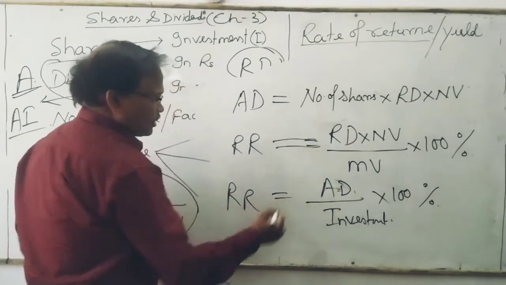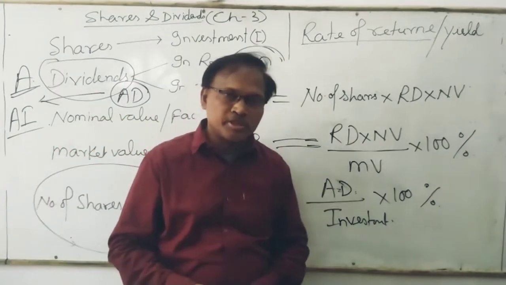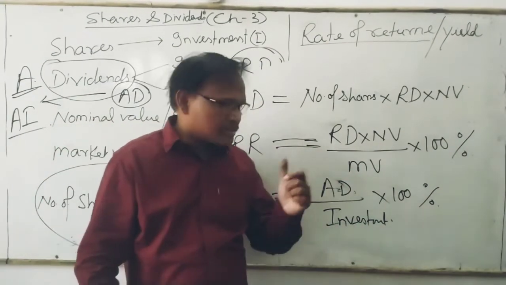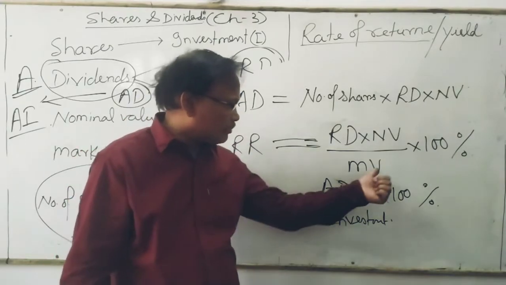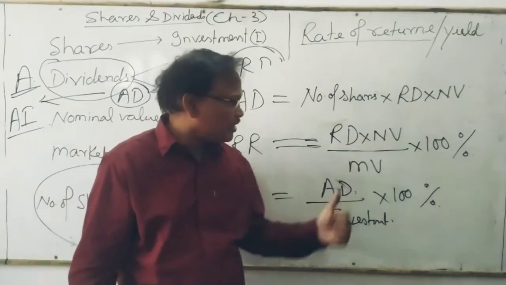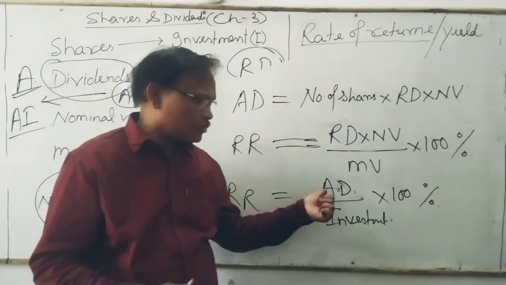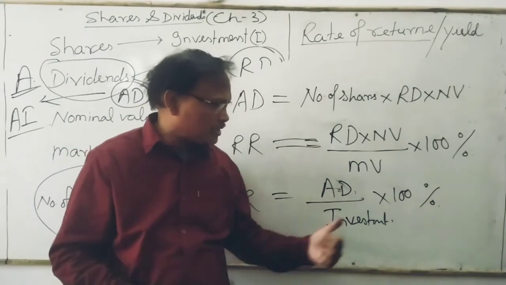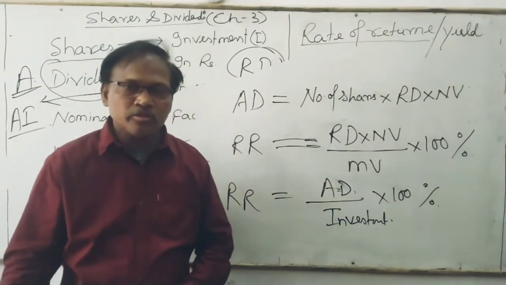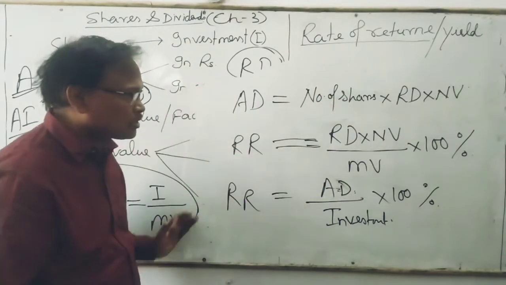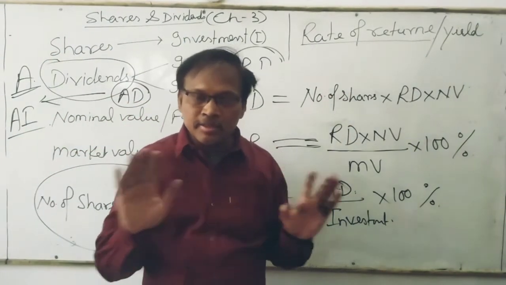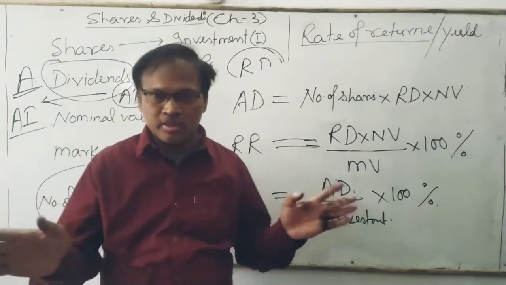Both are the formulae of the rate of return. According to the question, you have to apply. In some questions, if the market value is asked, you apply this one. In some questions, it is not asked and you know the annual dividend and investment, then you can apply this one directly. So these are the formulae that you will use in the exercise, and nothing else besides these.